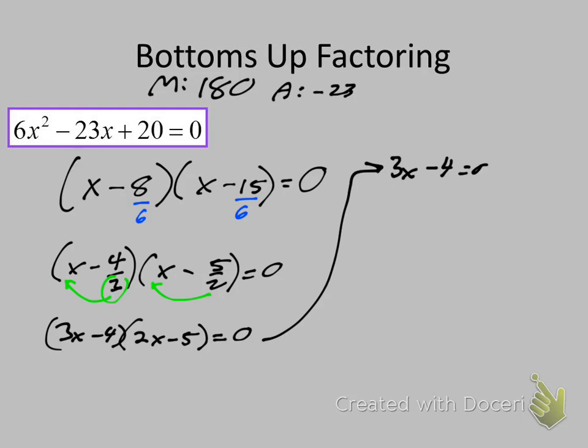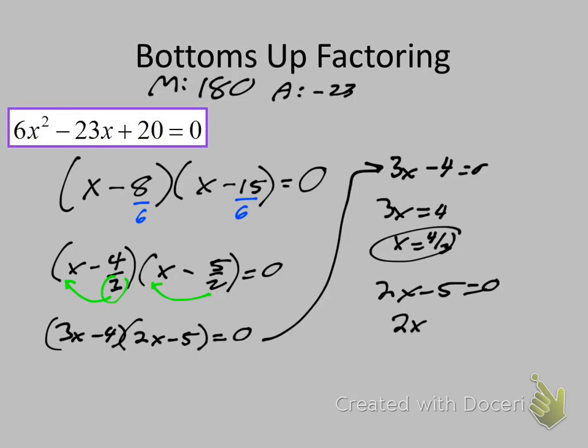So you add 4 and divide by 3, so 3x equals 4, x equals 4/3, there's one. Your other one, 2x minus 5 equals 0. 2x equals 5. X equals 5/2.